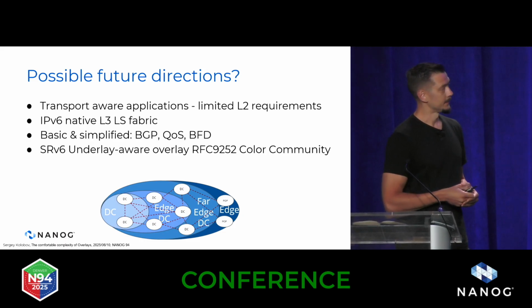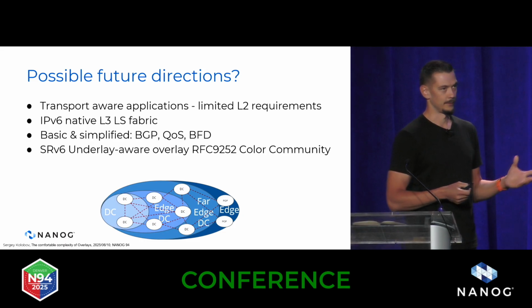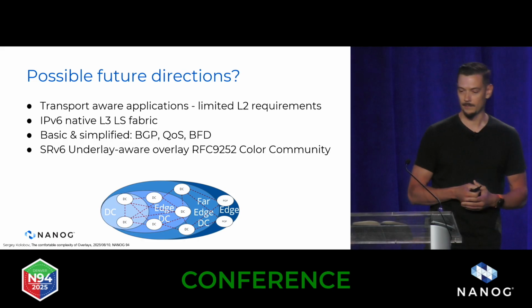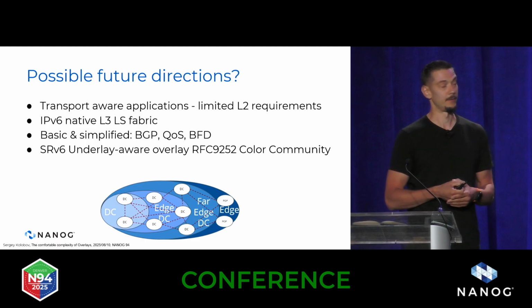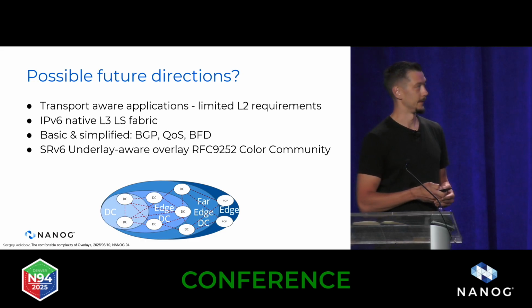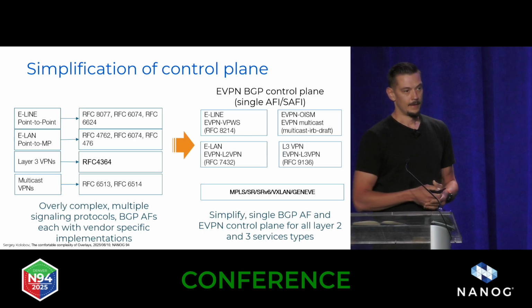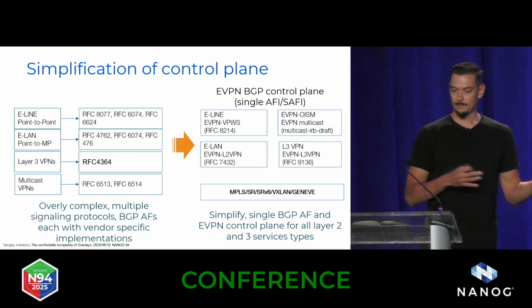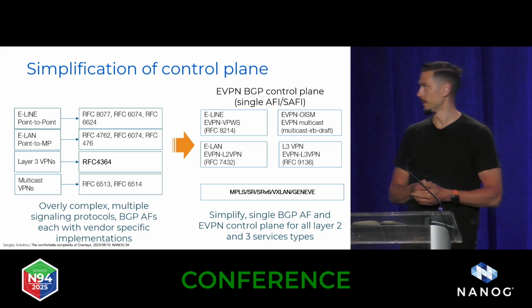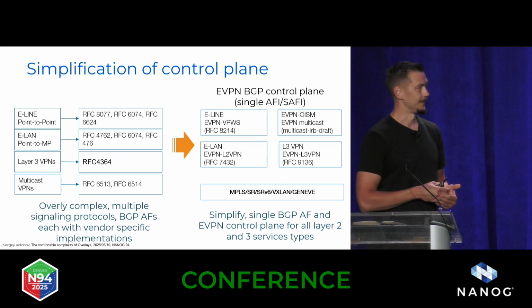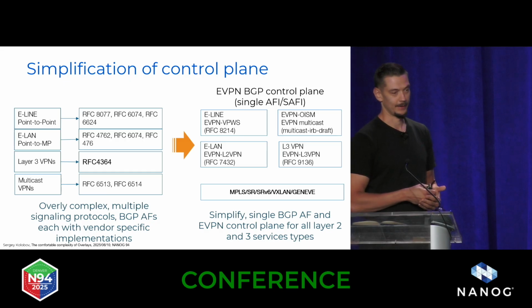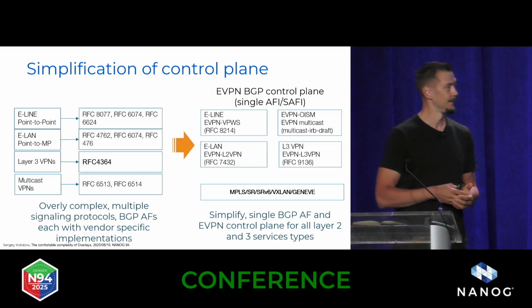Another very important point I'd like to touch on today is the unified control plane and simplification, as well as the optimization of the management of our networks. Legacy brought us complexity. There were lots of options for the control plane and a whole plethora of unique solutions.